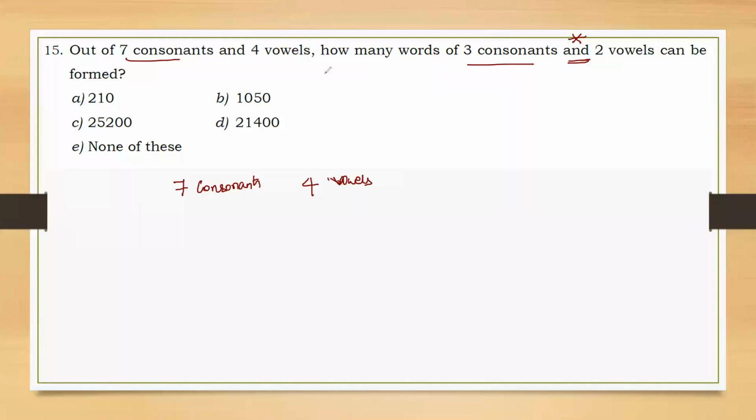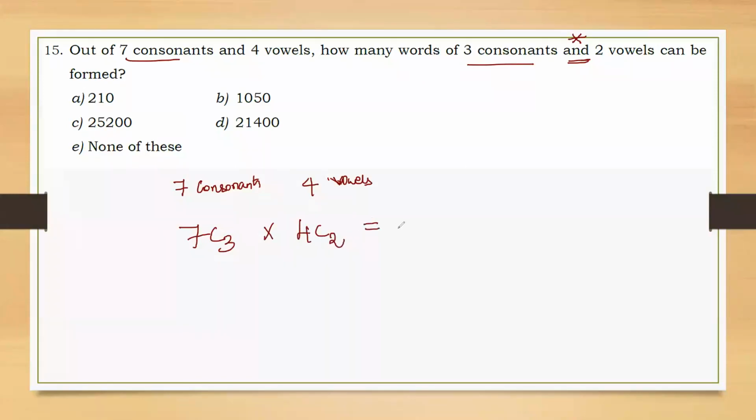We need 3 consonants, so out of 7, we are going to select 3. 7C3. We are only selecting. In permutation, if you want to arrange it, you will write 7 into 6 into 5. But we are going to select. So 7C3 into 4C2.